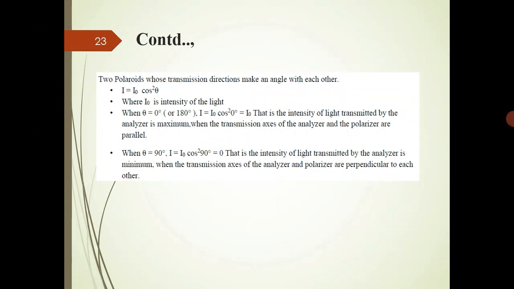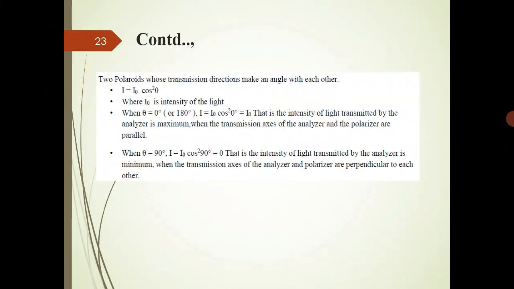So the equation clearly says that the intensity is directly proportional to the square of the cosine of the angle between the analyzer and the polarizer. Here, two polarizers are used, whose transmission directions make an angle with each other.